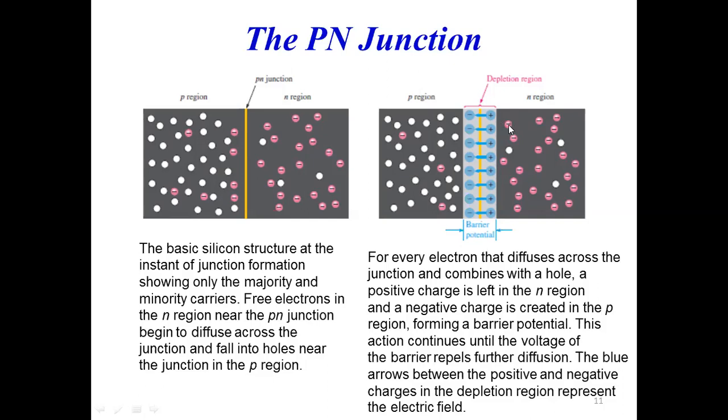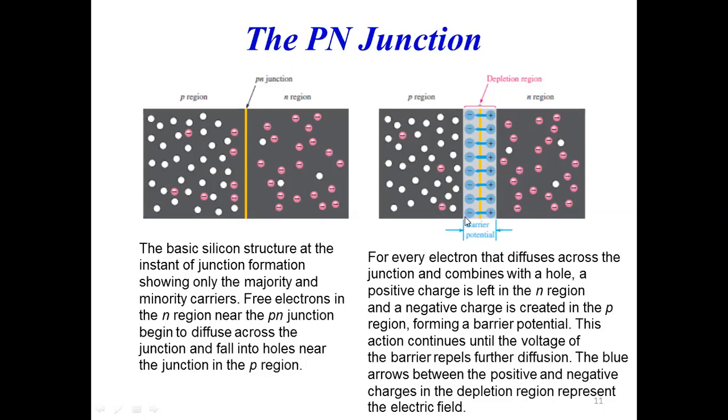As that electron enters the P region, here you get the negative charge. The negative charge is left in the P region. And students, this particular region is known as the depletion region.